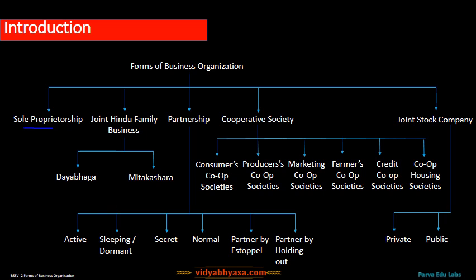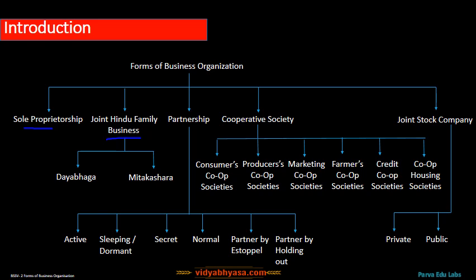The next one is the joint Hindu family business. Joint Hindu family is a form of business organization which is prevalent in India. One elder member takes care of the business, along with his sons, maybe three to four.